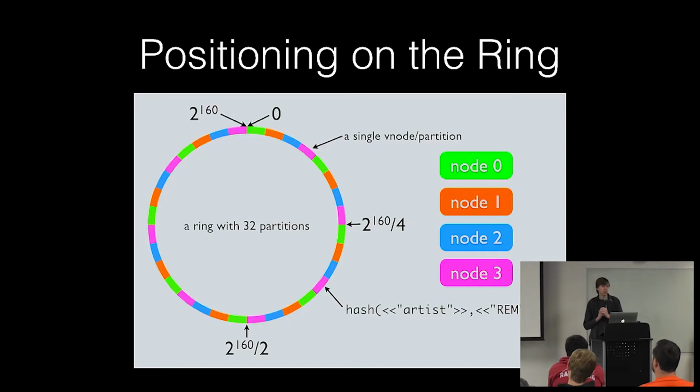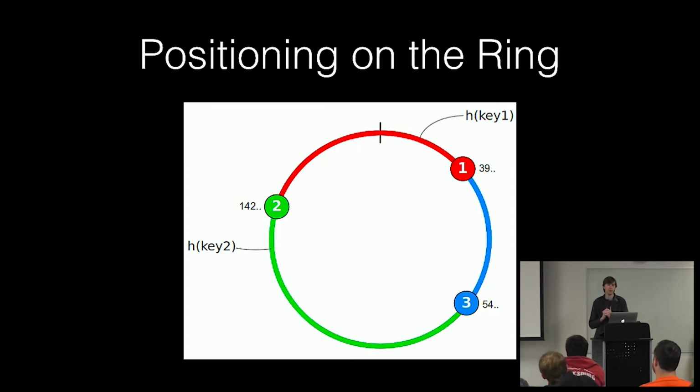That also makes it a lot easier to add and remove nodes, because in this smaller example, if you were to add a node between 2 and 3 there, the onus of loading that new node with data would be all on node 2, because it's going to be taking up node 2's key space.